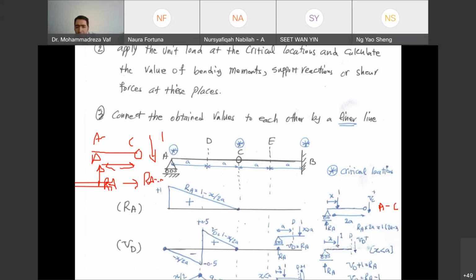I think it's at C. And how much is the value? Approximate. I have no idea, sorry, doctor. Okay, no problem. Thank you.